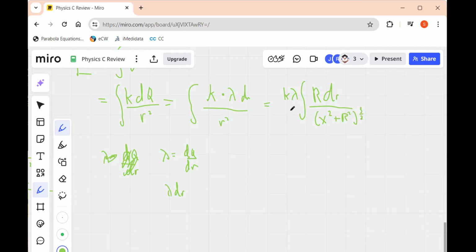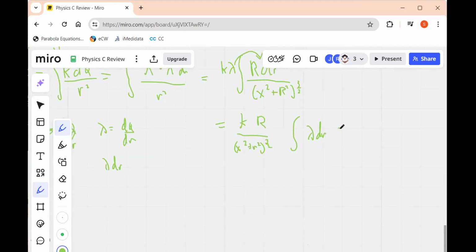and what you can actually do in this situation is put the lambda back in. So that's equal to k r over, and this is equal to dq.